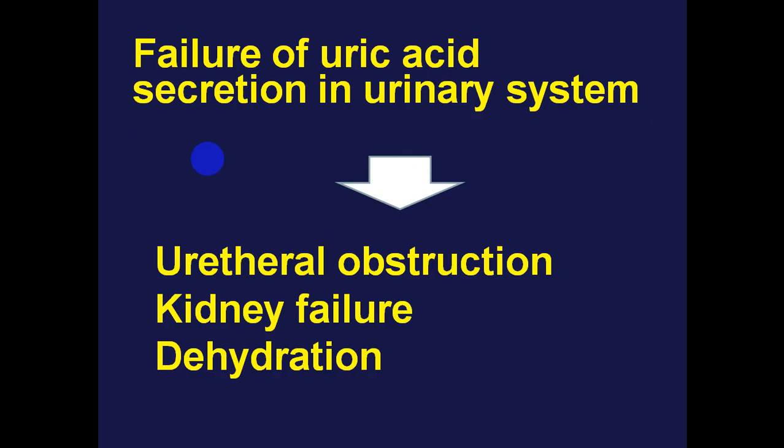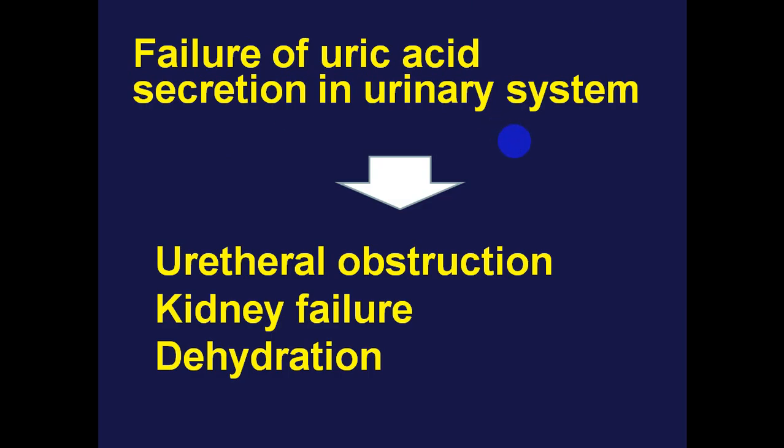Usually this failure will happen if the uric acid is so abundant and this uric acid already makes a chronic nephritis, chronic kidney inflammation. If there is renal failure, it will be more difficult to release the uric acid.